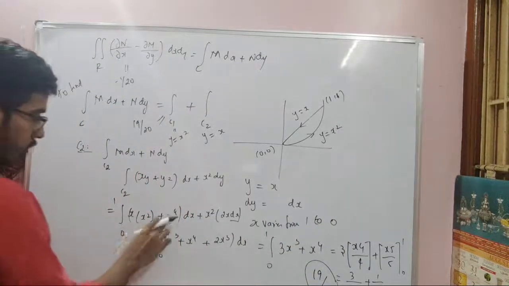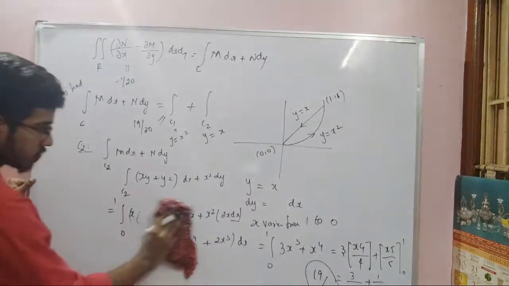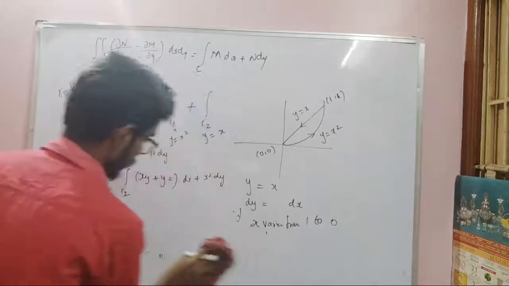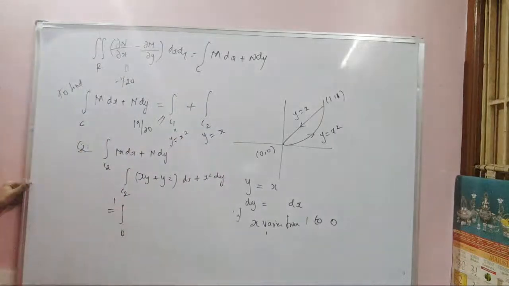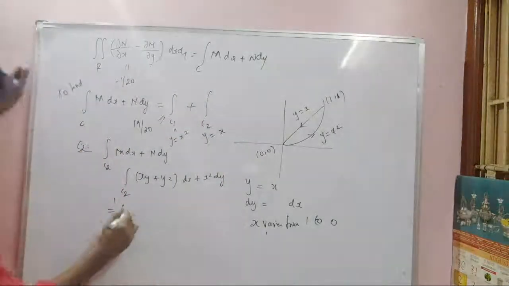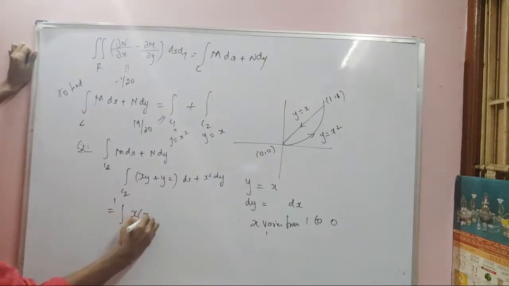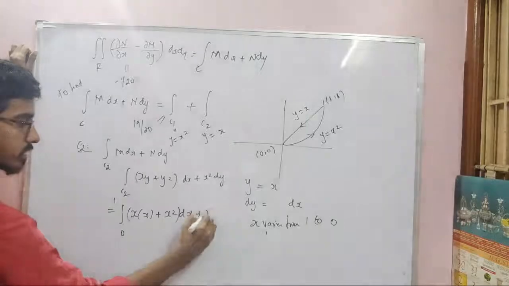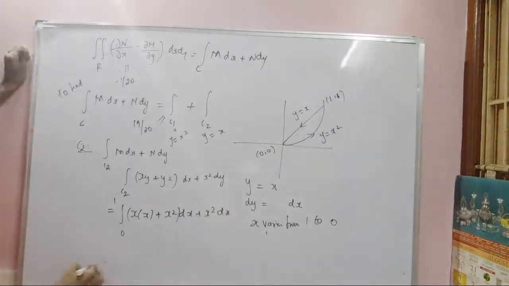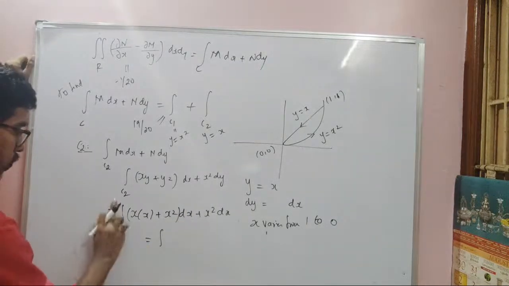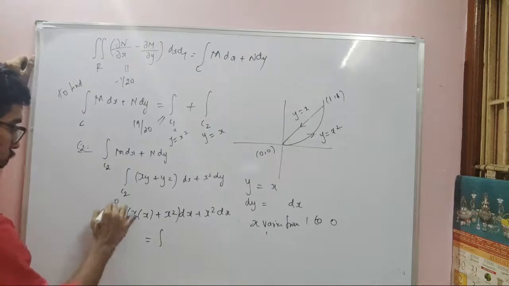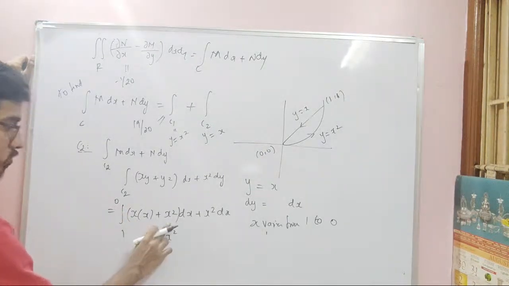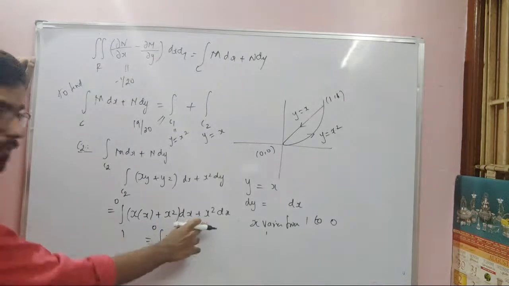So everything will be changed now. We have x times y, which is x, plus y square, which is x square, dx plus x square dy, which is dx. So this will be the integral from 1 to 0. x square plus x square will be 2x square, and 2x square plus x square will be 3x square.